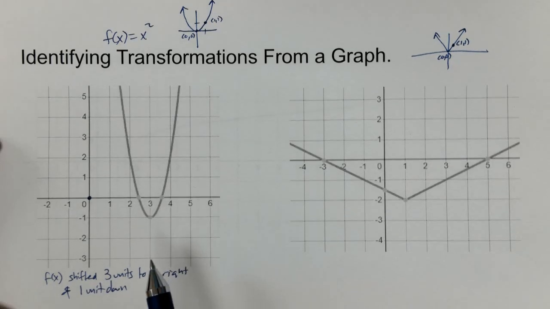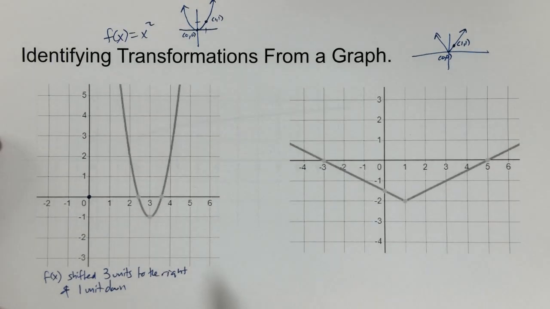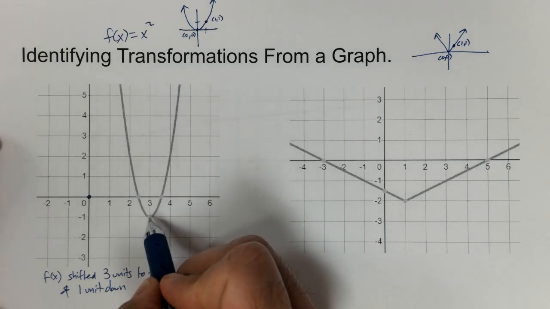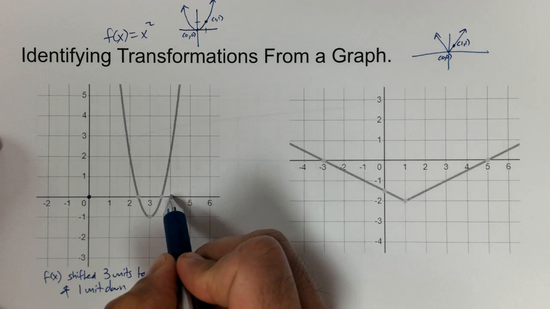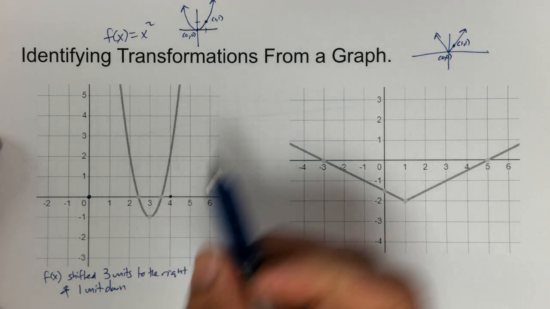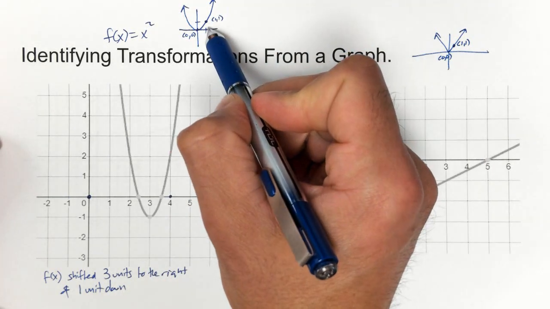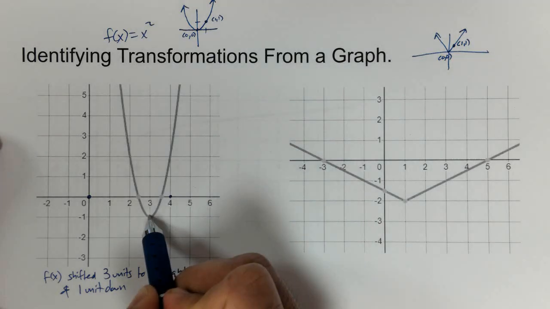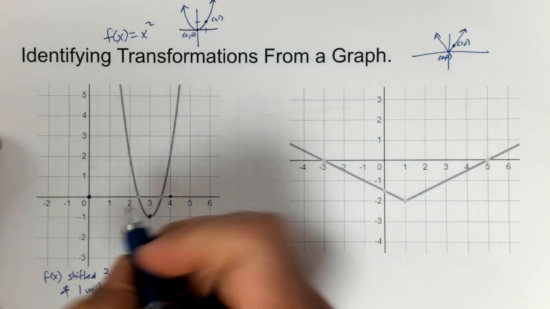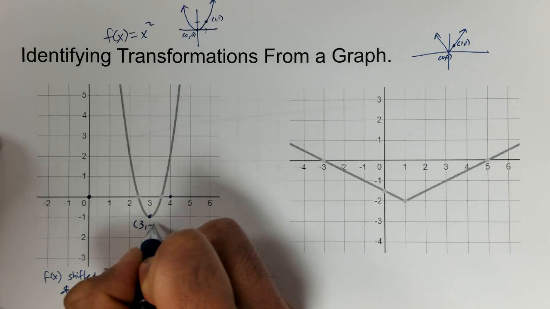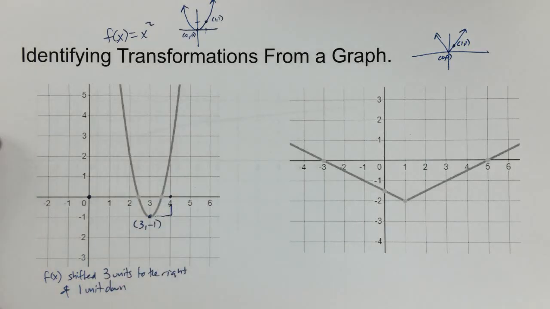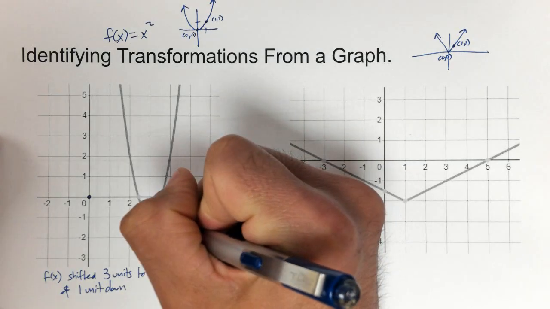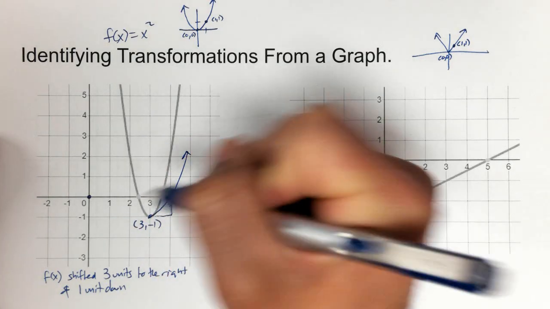Now, how do I know if it was stretched, compressed? How do I know that? Well, if this was the origin, the graph would have gone over 1 point to the right. Right? This is 1 unit to the right, 1 unit up. So from this point, the vertex, which is 3, negative 1, it should have been over 1, up 1. It should have looked something like this.